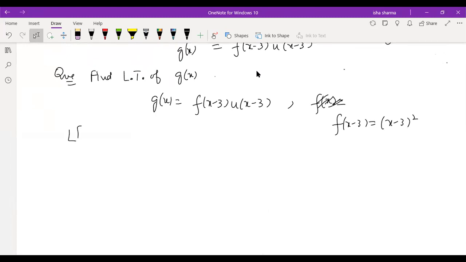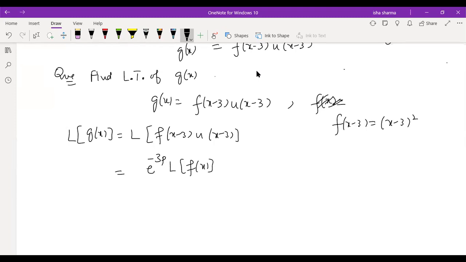So now you use your second shifting property to find the Laplace transform. The Laplace transform of f(x minus a) into u(x minus a) is e raised to power minus ap, where a is 3, the point of discontinuity, into the Laplace transform of f(x).